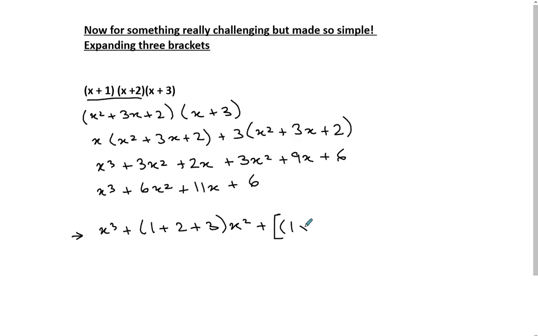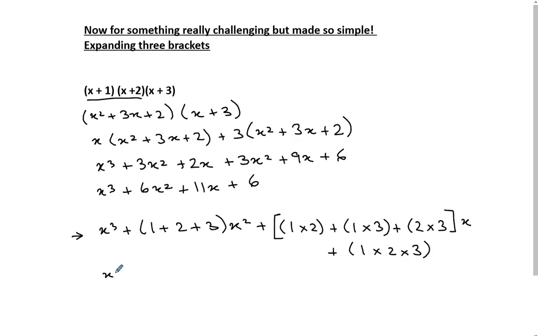So you go 1 times 2 plus 1 times 3 plus 2 times 3. And that's what's going to be attached to your x. And then you're going to actually multiply 1 times 2 times 3. And the signs are easy because they're all positive.